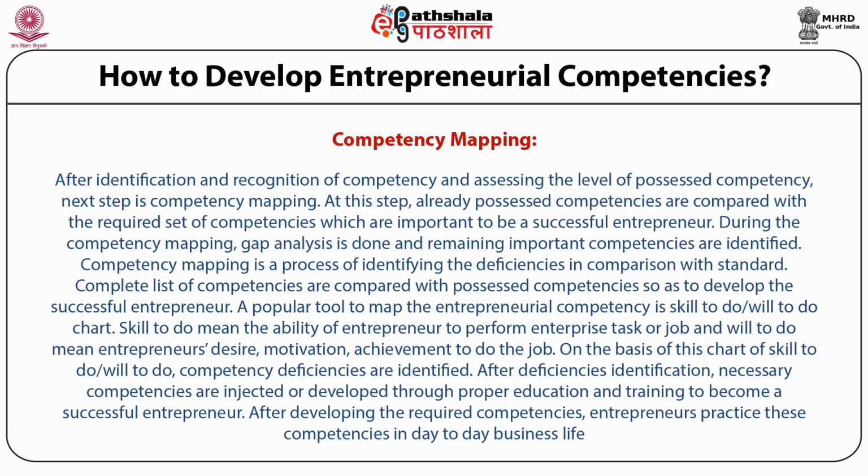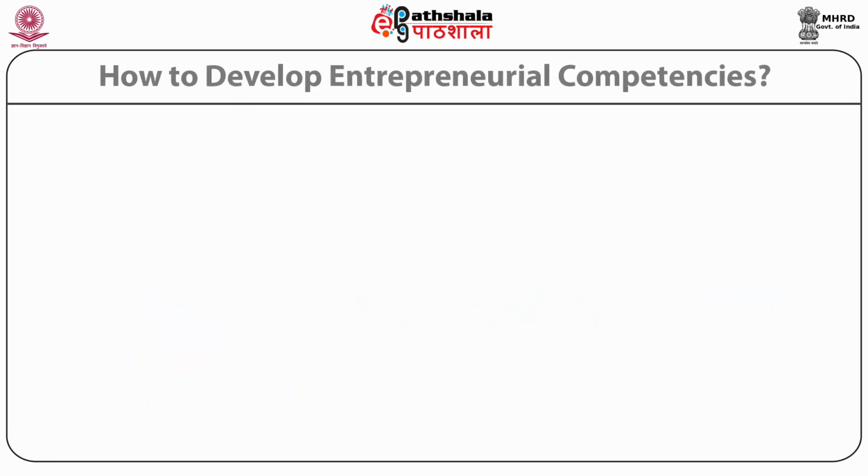After deficiencies are identified, necessary competencies are injected or developed through proper education and training to become a successful entrepreneur. After developing the required competencies, entrepreneurs practice these competencies in day-to-day business life.